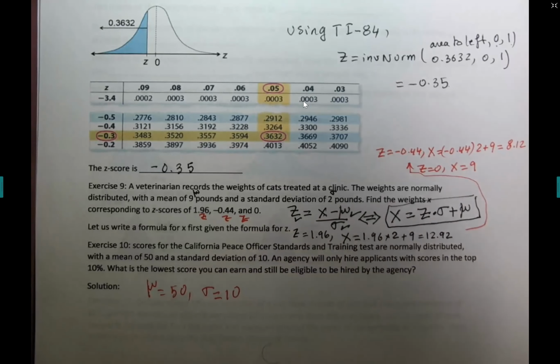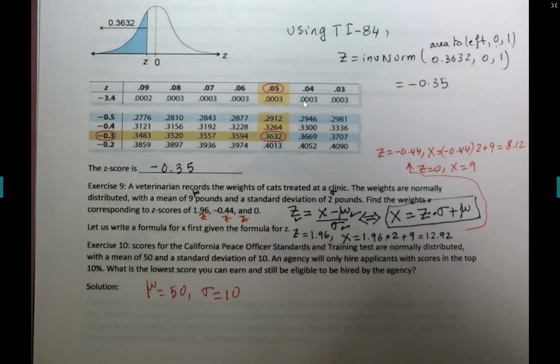An agency will only hire applicants with scores in the top 10%. What is the lowest score you can earn and still be eligible to be hired by the agency? So to hire people, they have to take this test, which is called the California Peace Officers Standards and Training Test. And if you score in the top 10%, you will be hired.